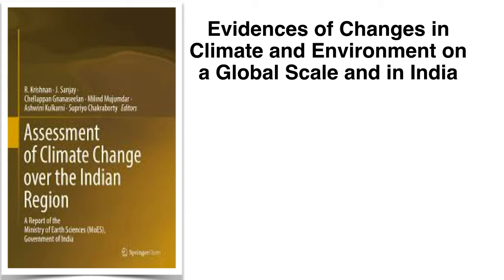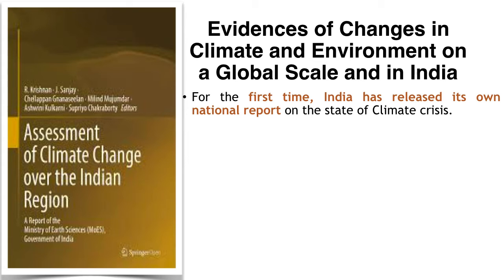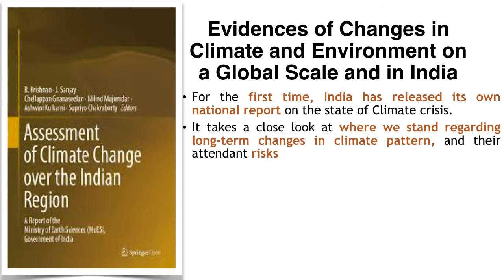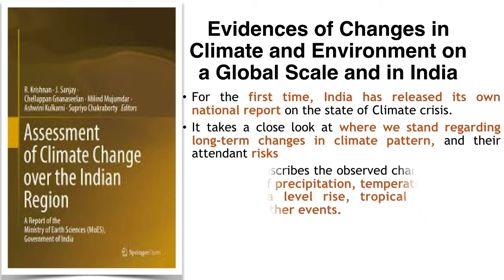It is a compilation of many papers and publications by individual experts covering the climatic status in India, specifically India. It is the first time India has released its own national report on the state of the climatic crisis, and it takes a very close look at where we stand regarding long-term changes in climate patterns and the attendant risks.